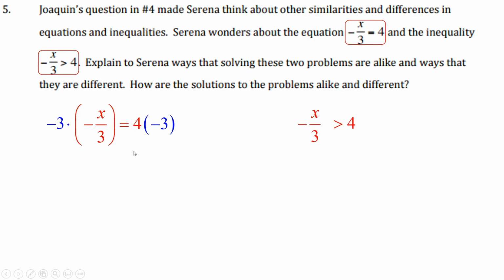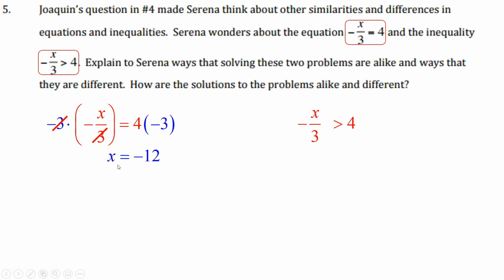Okay, so equals, now the 3's cancel, that's the easiest way to see that. And what do you have? Minus a negative x would be a positive x. Or you could have just thought, I am multiplying by negative 3 to undo the negative and the division by 3 in one step. And then on the right, we have 4 times negative 3 is negative 12.